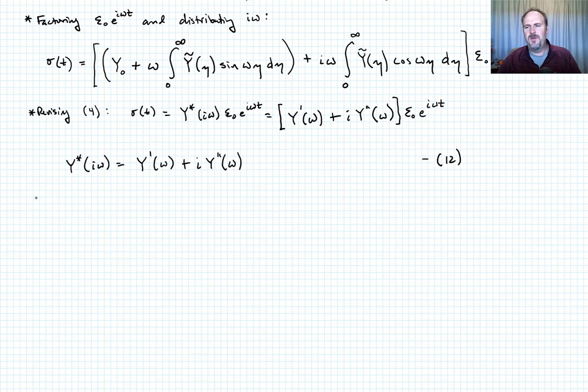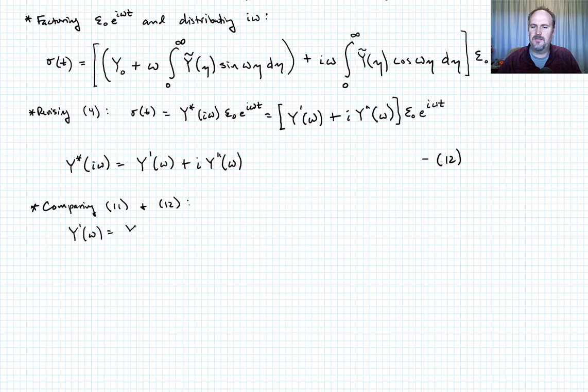So now we can just compare equations 11 and 12. Comparing 11 and 12, we can just read off the quantities. What must y prime of omega be? Well, y prime of omega is just the real part of equation 11. So that's y naught plus omega times the integral from 0 to infinity of y tilde of eta times sine of omega eta d eta.